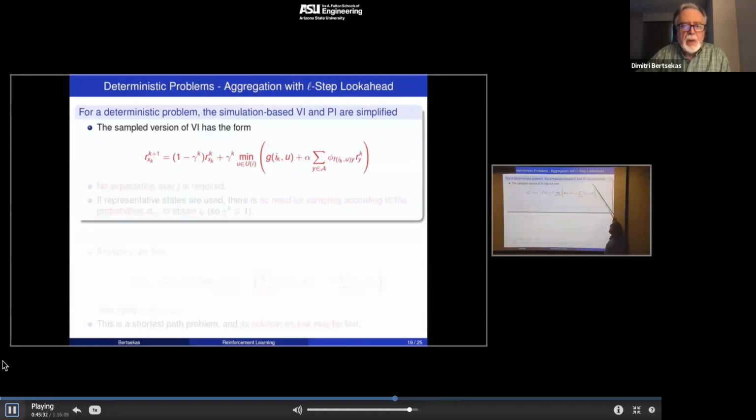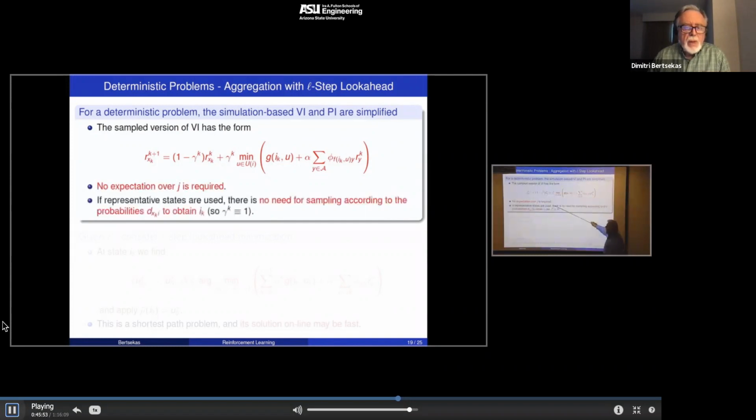For deterministic problems, the simulation-based value and policy iteration are simplified because the sample version of value iteration has this form. Here's the sample state in the footprint, but there's no expectation here. No expectation of a j is required.